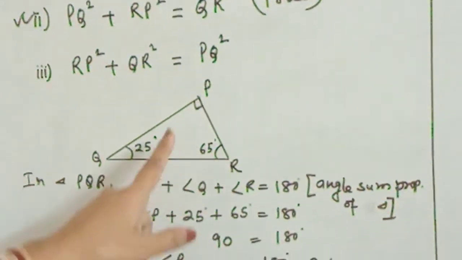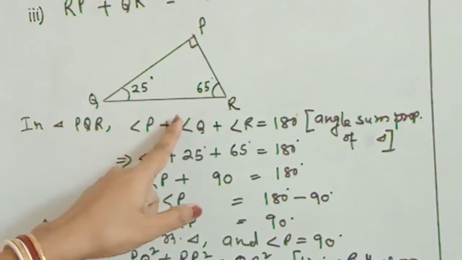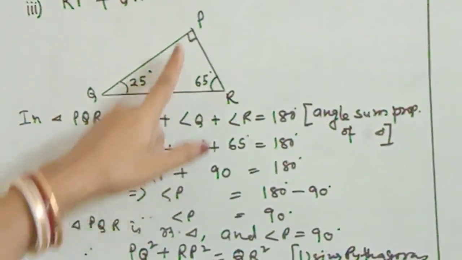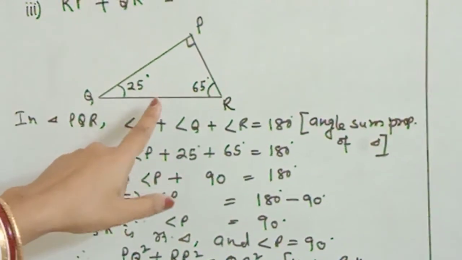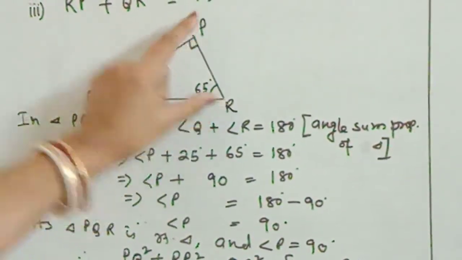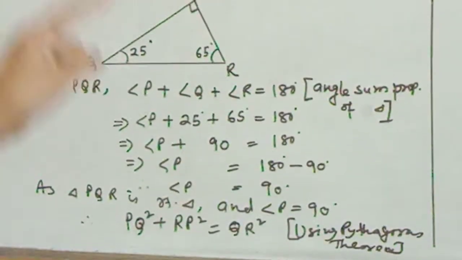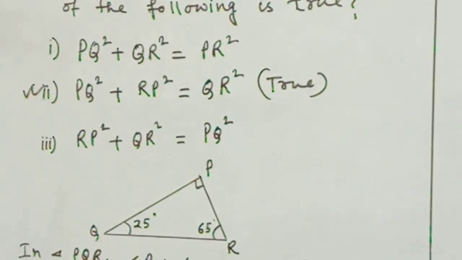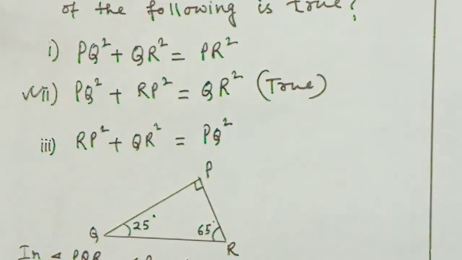When we find the third angle and it is 90 degree, that means it is a right triangle, and the side opposite to the right angle is the hypotenuse. So you will know that perpendicular square plus base square is equal to hypotenuse square. So option 2 here is true. Come to the next question.